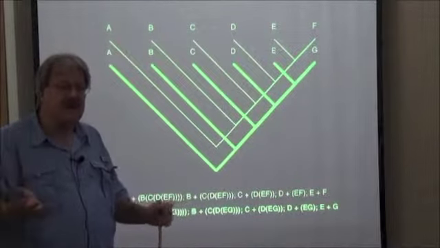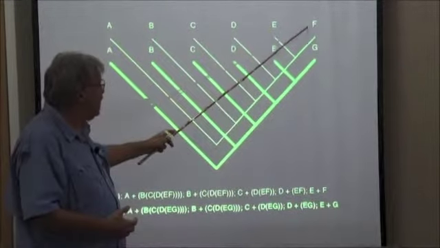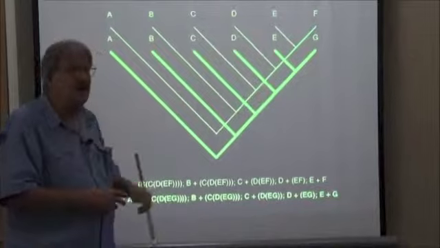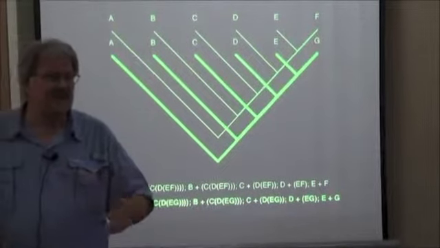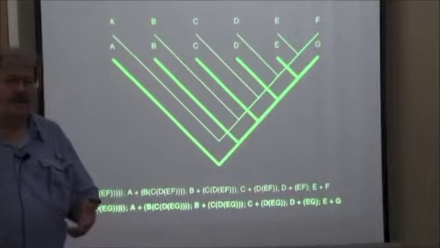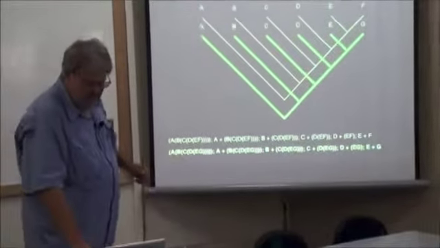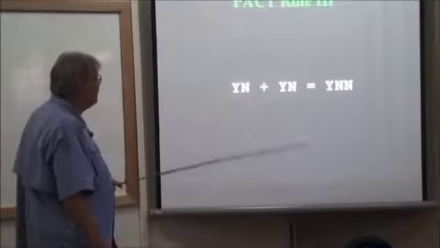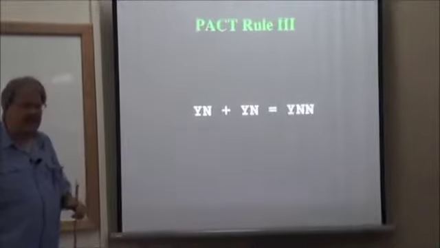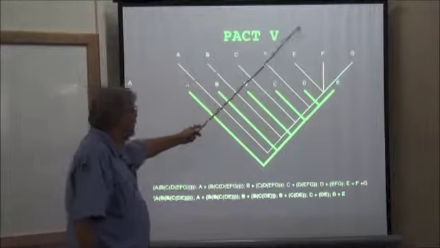You add it in because it's new information. And because this does not appear here, you don't throw it out because it suddenly doesn't appear in the new data. You never eliminate observations. You only add new data. And this is yn plus yn equals yn, so you end up with this trichotomy.